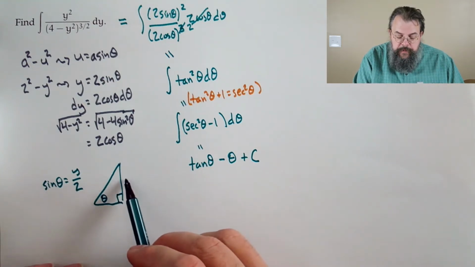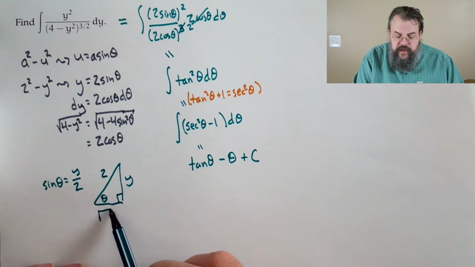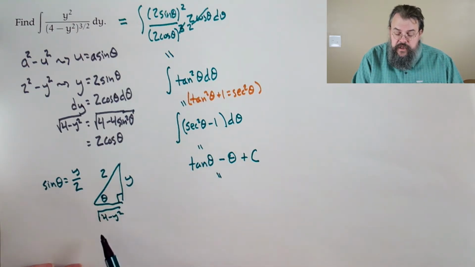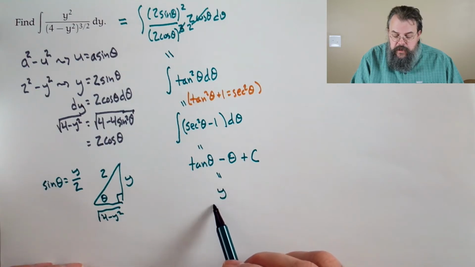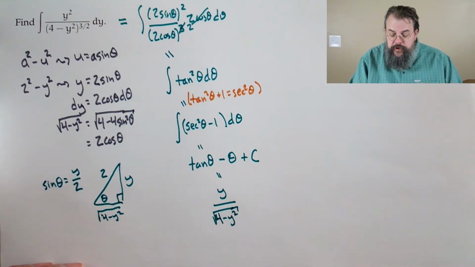Sine is opposite over hypotenuse, which means your adjacent side is the square root of 4 minus y squared. So tangent of theta, opposite over adjacent, we end up with y over the square root of 4 minus y squared.